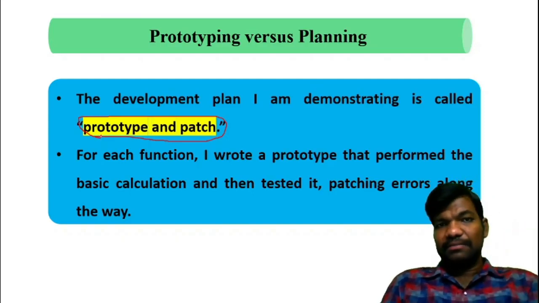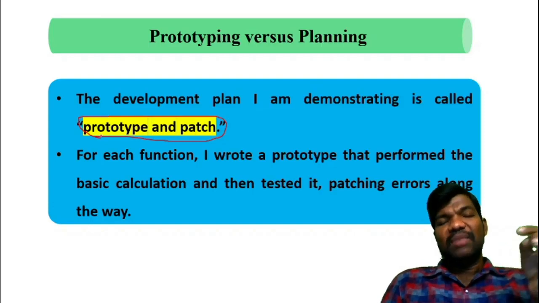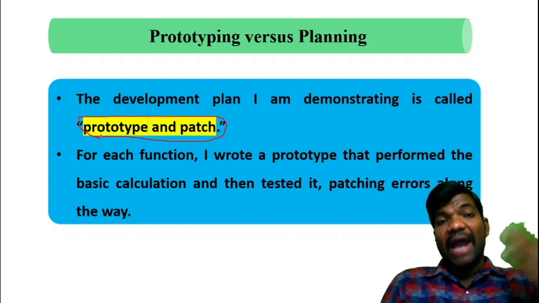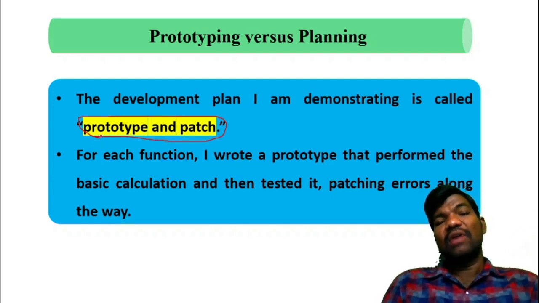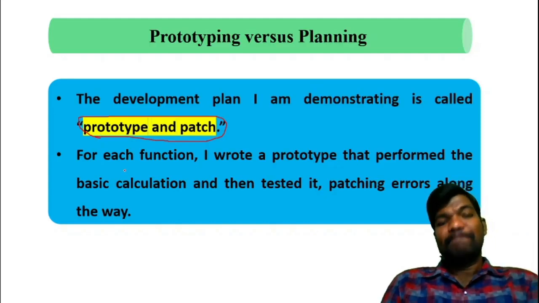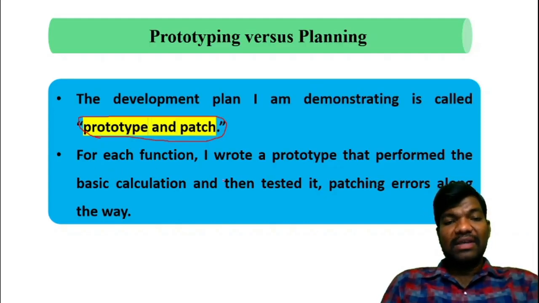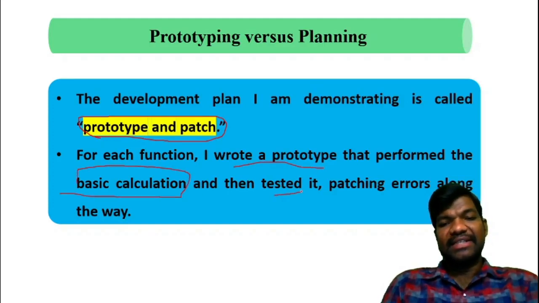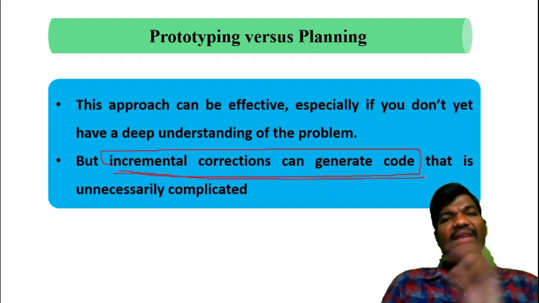Suppose it does not work, what will you do next? You will add some other code and decrease the errors. Finally, you complete it. So that is prototyping. Here I wrote a prototype that performed the basic calculation and then tested. So incremental corrections can be made.